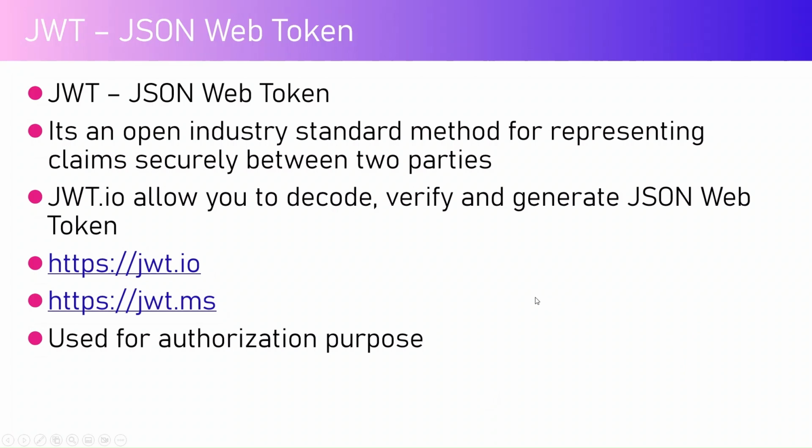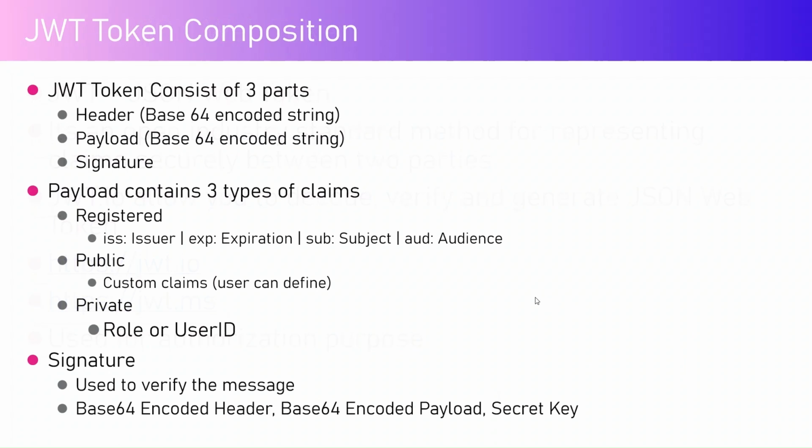Now, what does this JSON Web Token consist of? JSON Web Token basically consists of three parts: header, payload, and signature. The header is a base 64 encoded string. The payload is a base 64 encoded string, and the signature is used to verify the message.